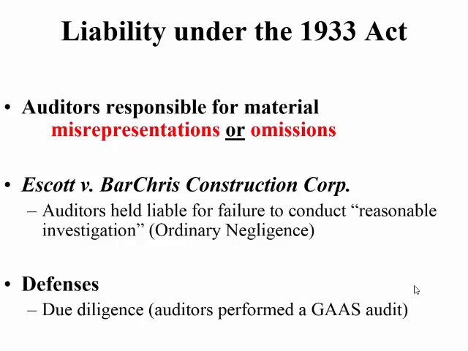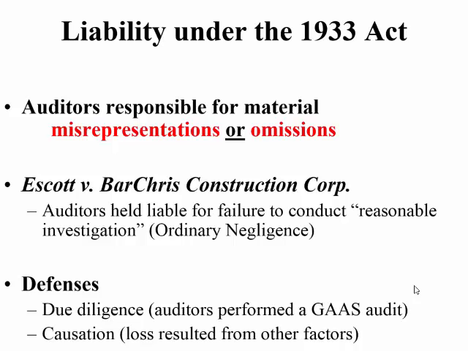You could also possibly argue causation, that the loss that the people suffered had nothing to do with the registration statement, that in fact it was caused by something else, but that's a much more precarious defense because the element of proof under the 1933 Act isn't that the loss was caused by the materially misstated financial statements, just that there was a material misrepresentation or omission.